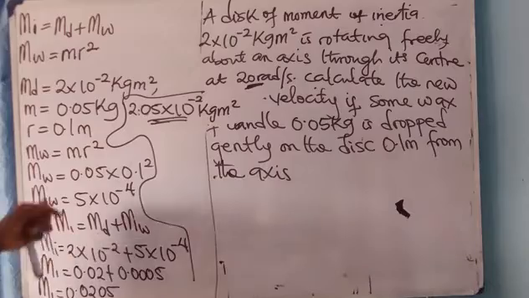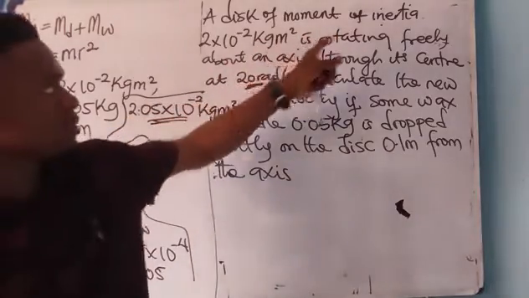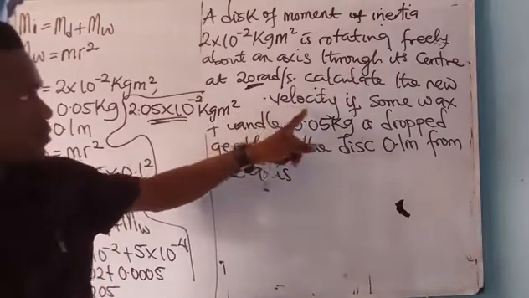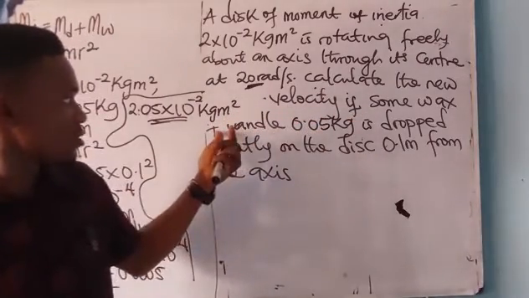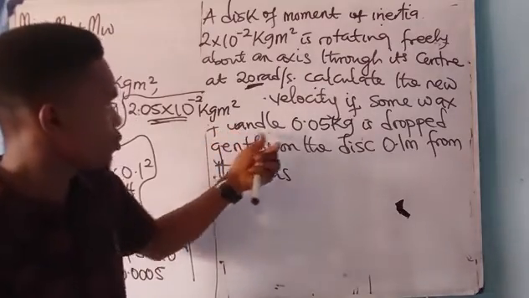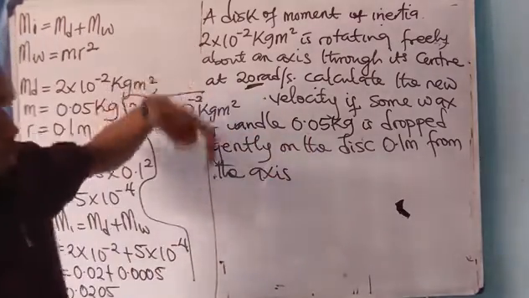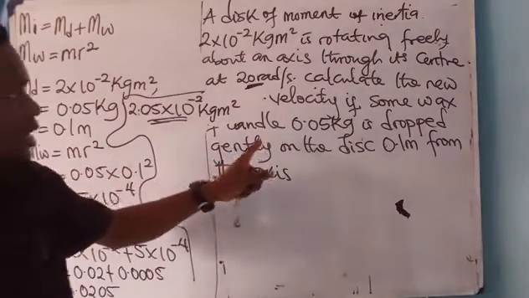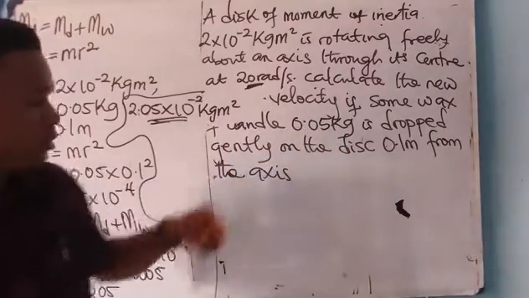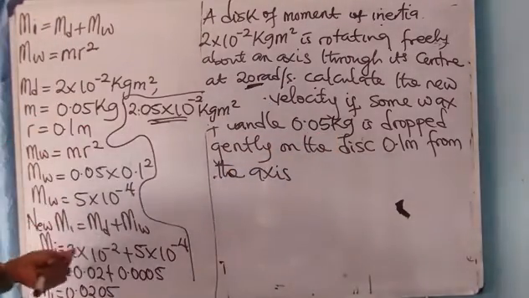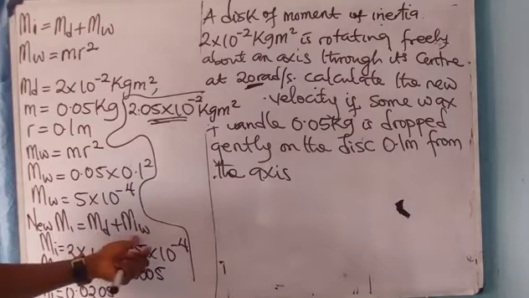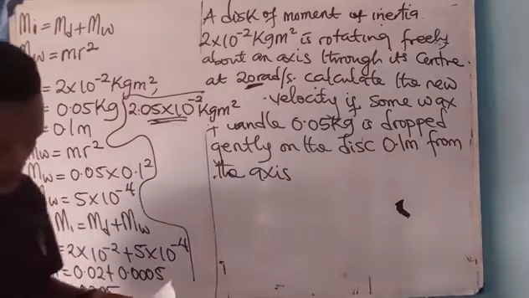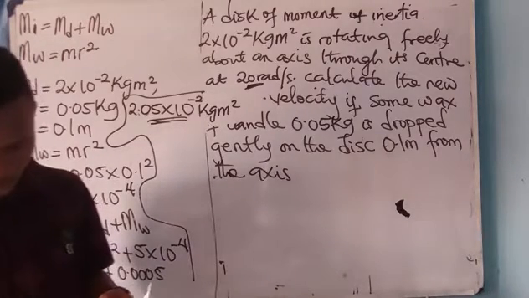Now, they said it is a disk of moment of inertia, rotating. Calculate the new angular velocity if some wax candle is dropped gently. The new one after this mass was dropped. So you now have it to be this formula, moment of this plus moment of wax. All right, so we now have it to be this.